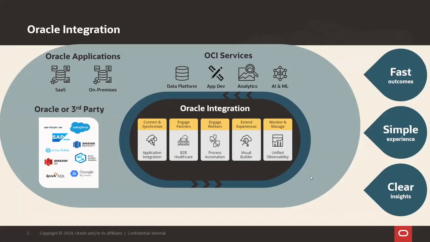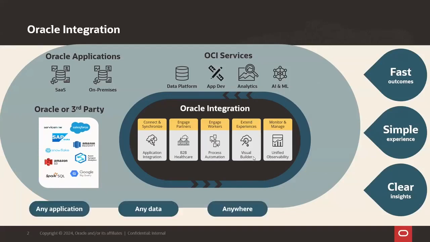The end-to-end observability provides clear insight into the state of the business. Oracle Integration comes with a bunch of adapters and pre-built solutions called recipes and accelerators, which enable us to connect to any application and access any data, anywhere, either in cloud or on-premise.